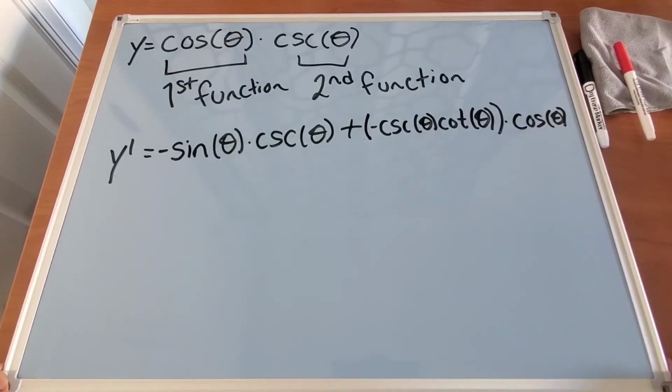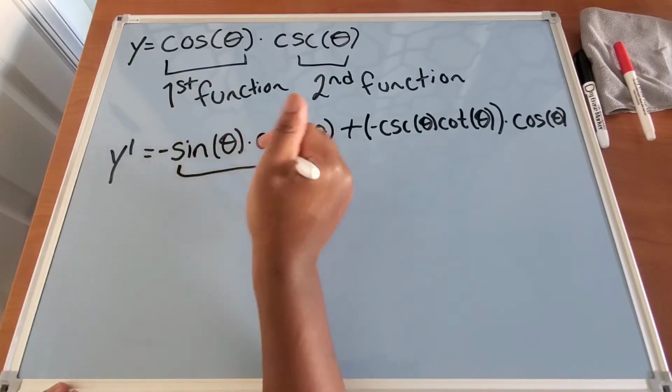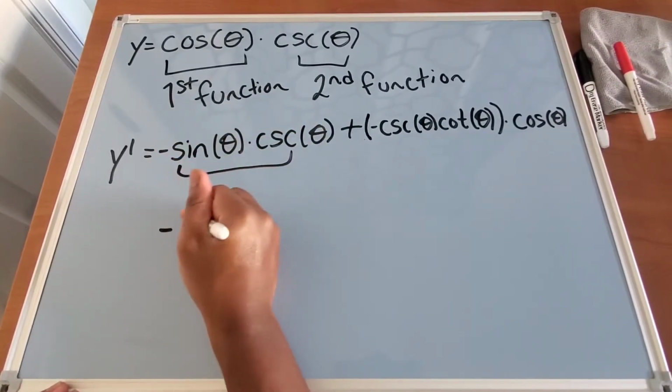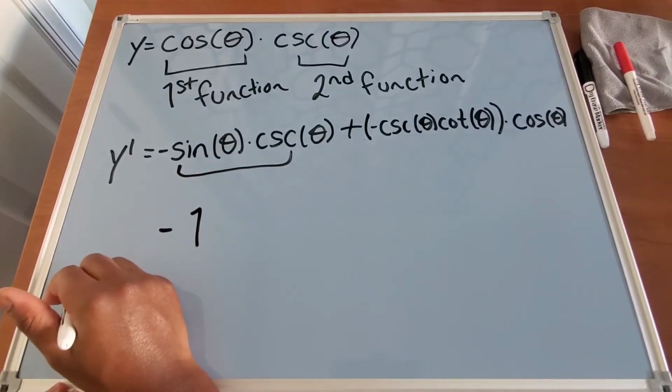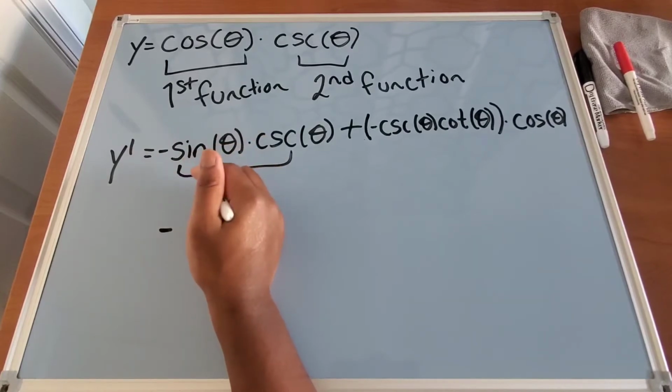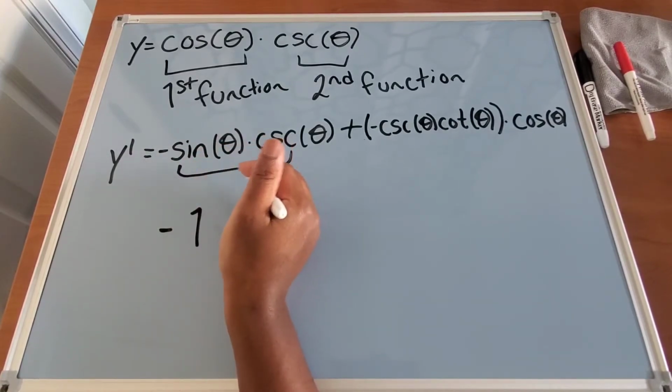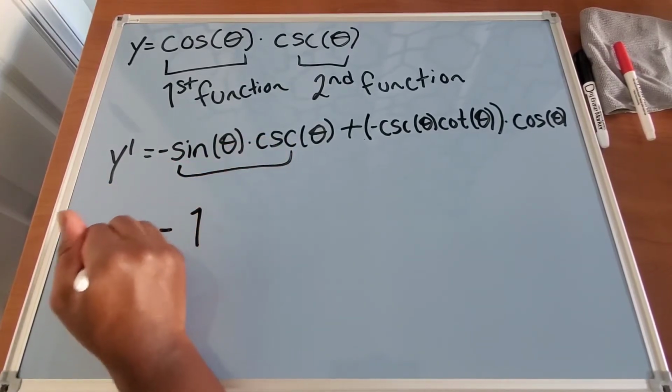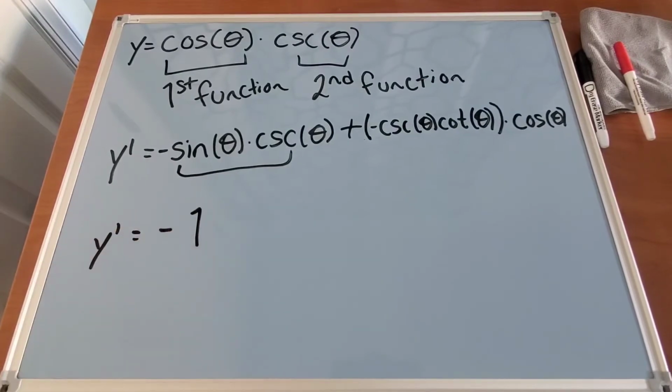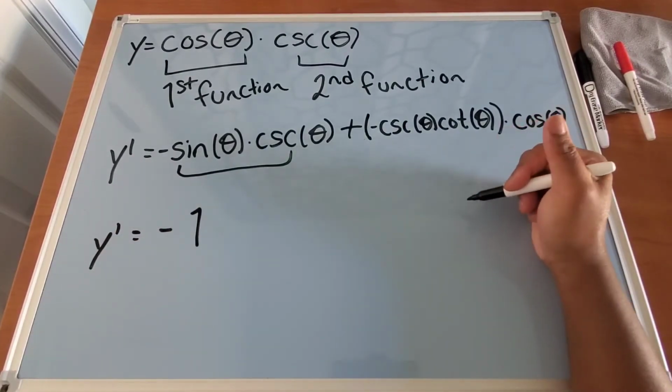So if you wanted to, you could rewrite this in terms of sine and cosine. It wouldn't help too much. This part right here does come off to just negative 1 because it's sine times cosecant, and sine times 1 over sine is going to be 1. This other part, however, doesn't really cancel with anything.